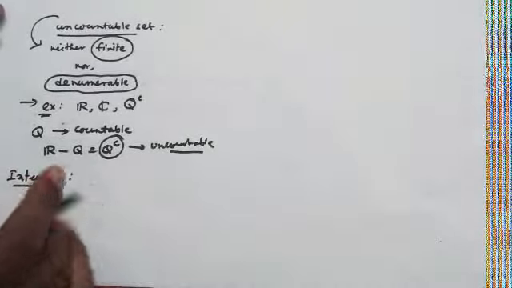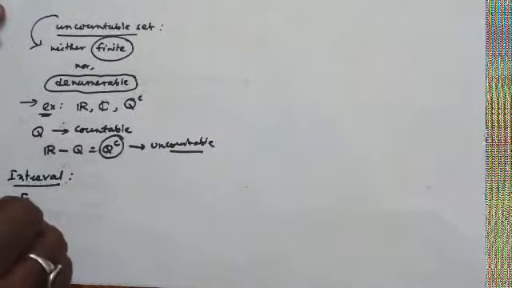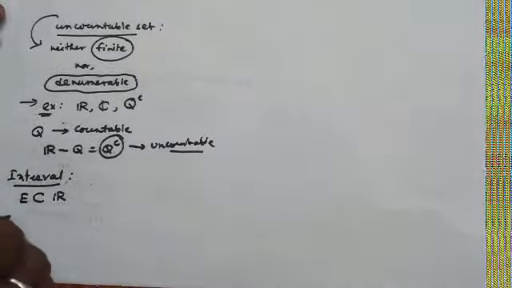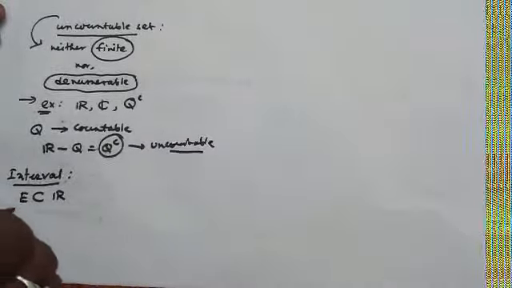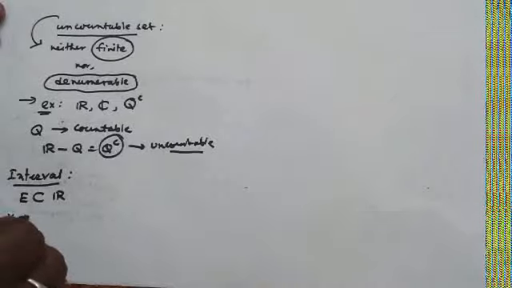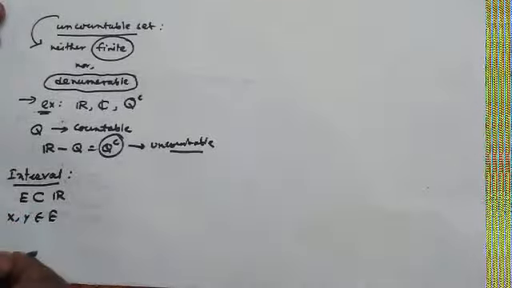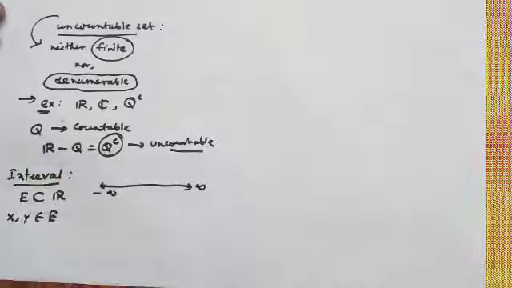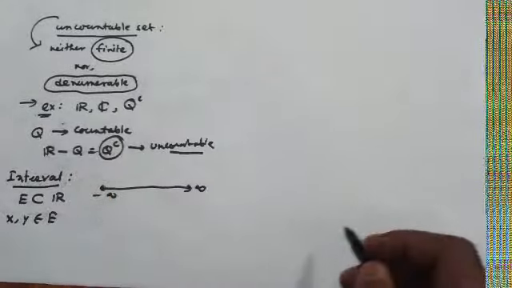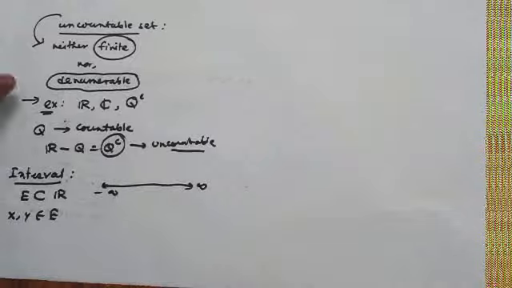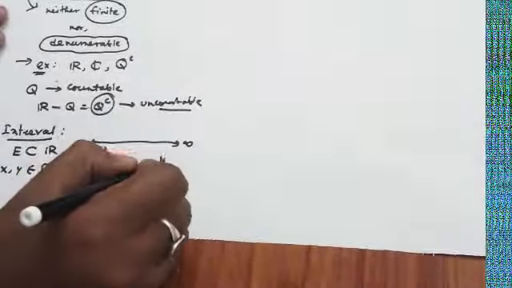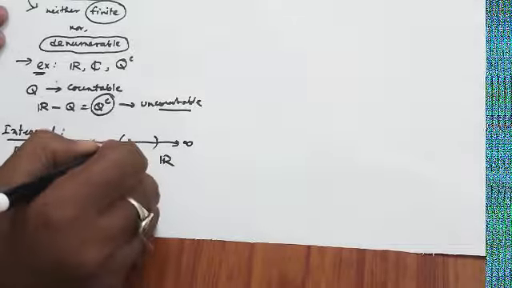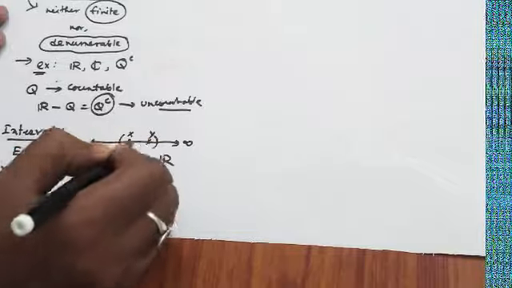The main idea behind interval is like, suppose E is a subset of your real line. Now consider x, y belongs to this E. That is your minus infinity and it is your plus infinity. So you have this real line and you have said this is your E, and x, this is y.